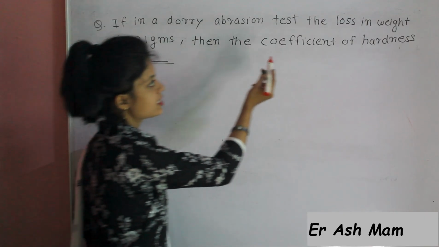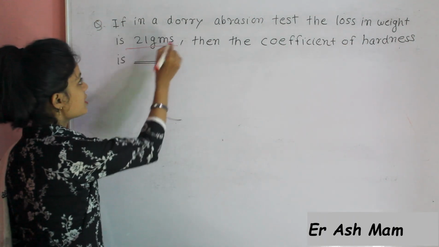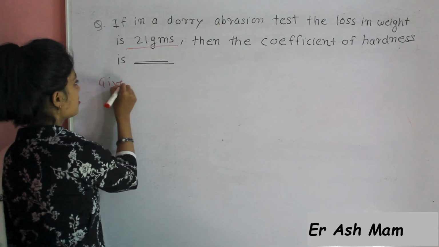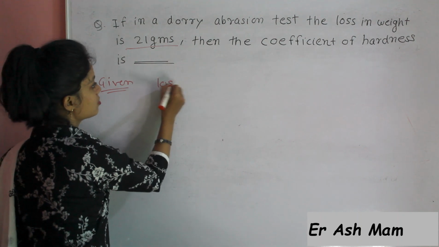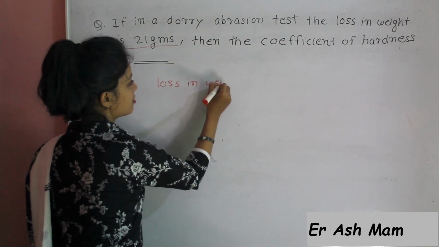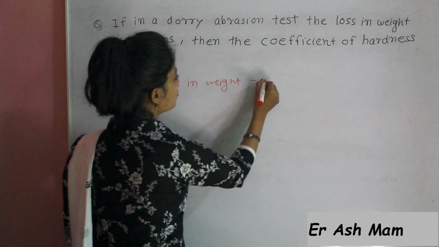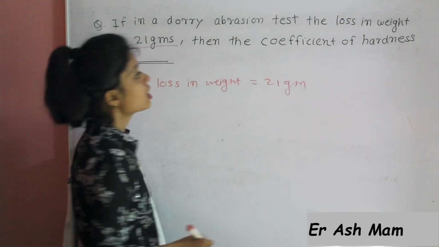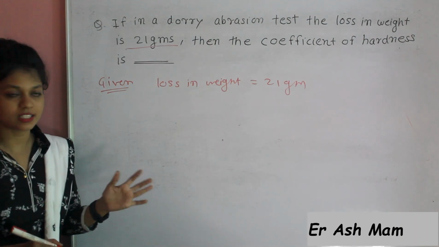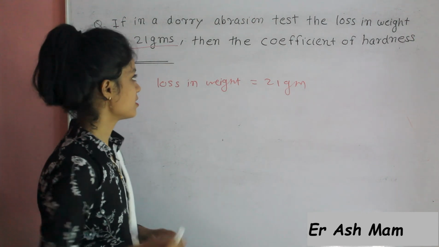If in a Dorry abrasion test, the loss in weight is 21 gram. What is given? Loss in weight equal to 21 gram. Then the coefficient of hardness.